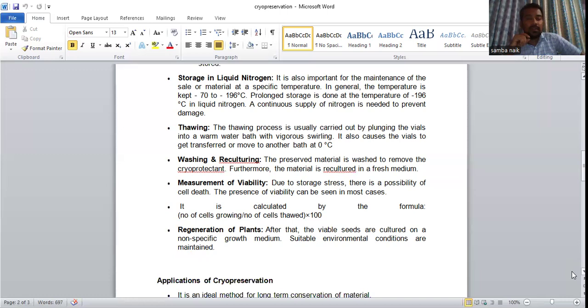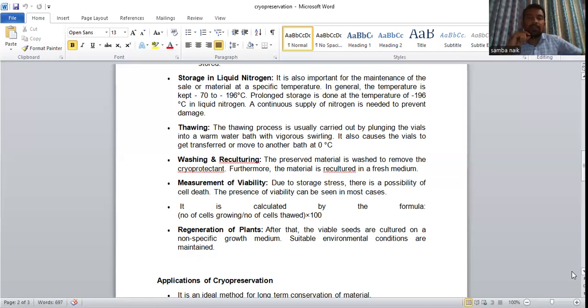When we add the cryoprotectants, later we keep the material in liquid nitrogen at a temperature of minus 70 to minus 196 degrees. How many years can we keep it in this liquid nitrogen? It's our wish.